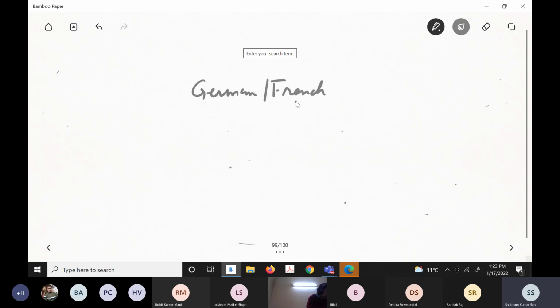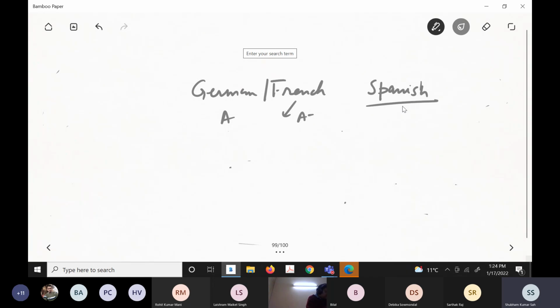I took the test in French, not German, though I got A in German and A minus in French. But then I learned Spanish on my own. In fact, my daughter who studied in DPS took Spanish as her third language, so I used to teach her Spanish. So I have a healthy interest in language.